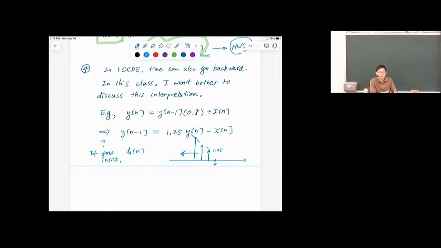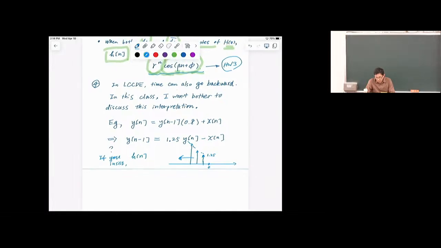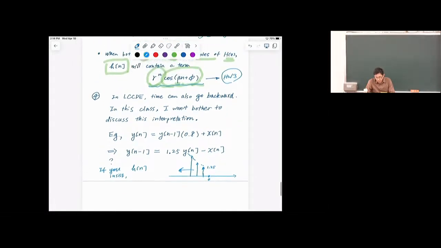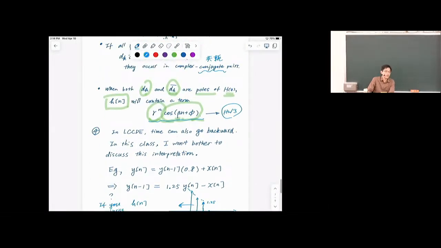When we design our system in terms of a difference equation, we will use the equation in the causal way. All right, that concludes this lecture, and in the next hour we'll move on to a new lecture. Let's take a break of 10 minutes.